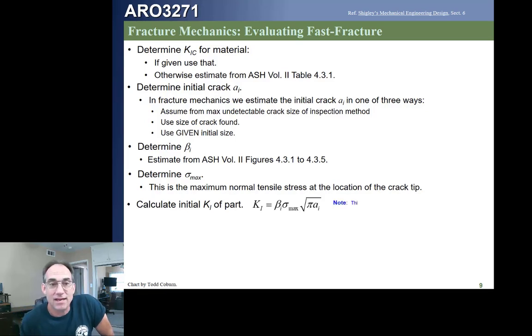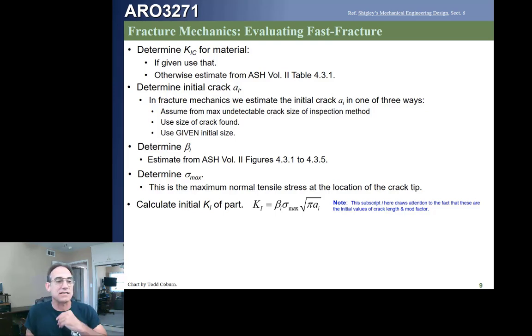Then we calculate our K1 for the part using this equation. This means we use the initial beta, the max stress, and the crack length at that stress level. You see that? Once we have this, that's the K1 for that stress level and crack size.